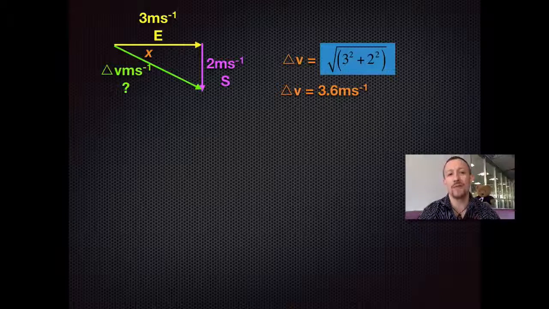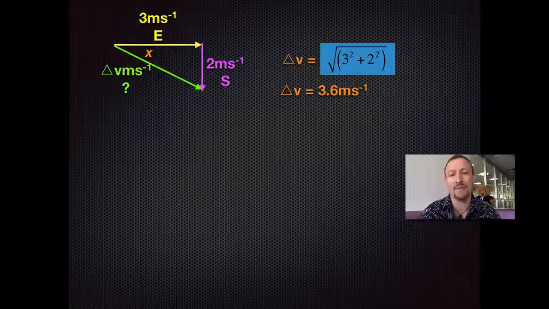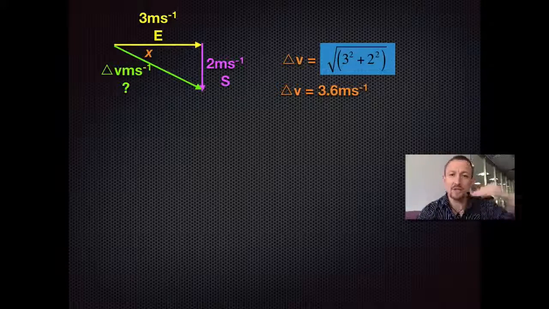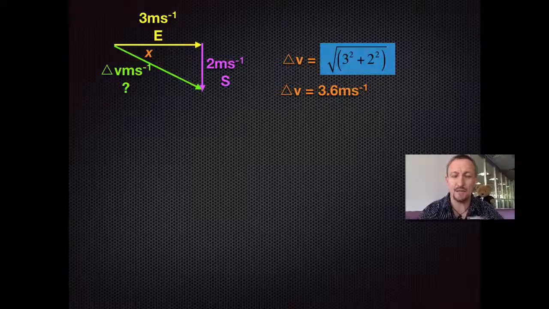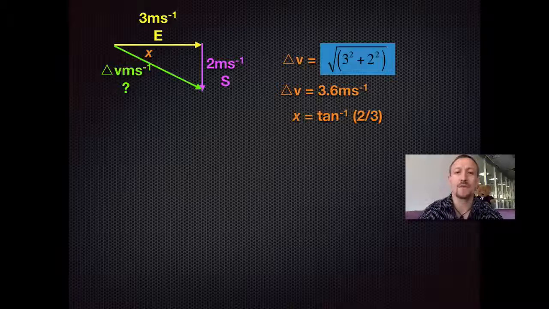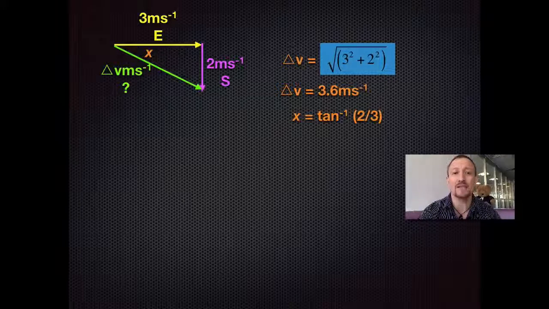Notice that all of the vectors here have to have the same units. But I haven't finished there, because remember we're looking at change in velocity, so I need a direction. So that change in velocity is acting at a specific direction. What is that? Well, that angle is X. So we can find X by tan to the negative 1 of 2 over 3. Basically it's opposite and adjacent, hence it's tan.